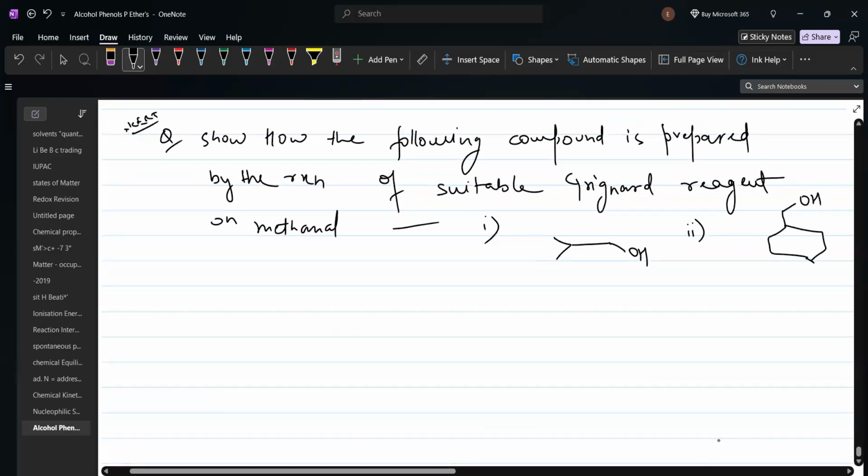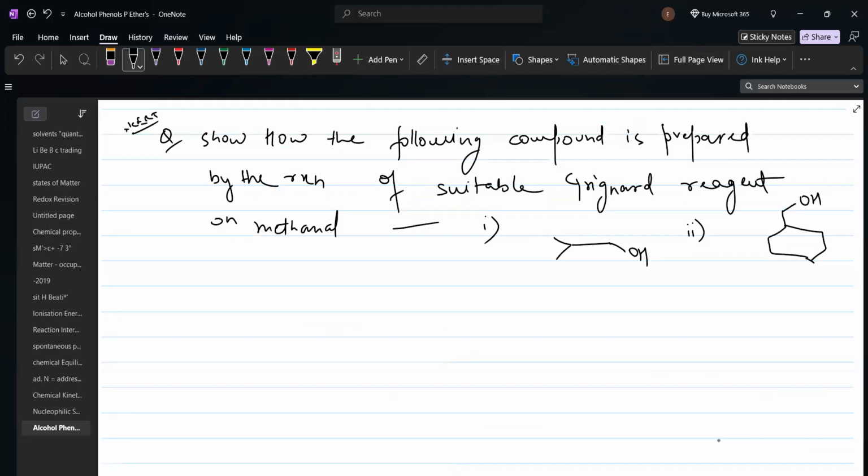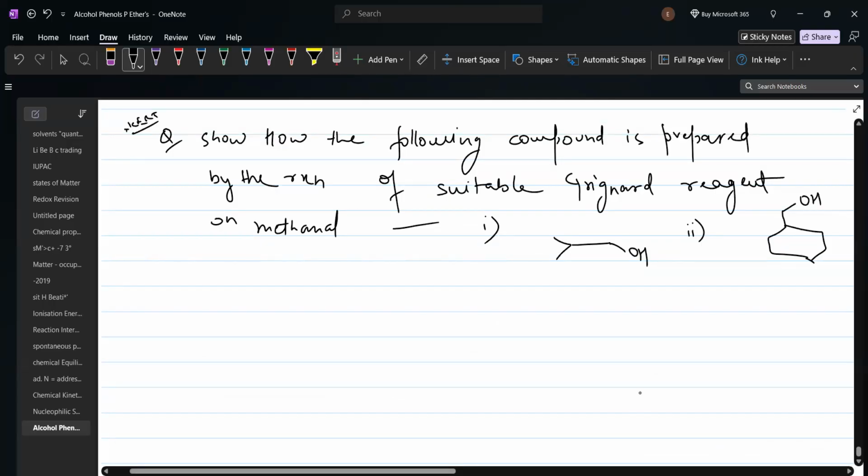So the question here is that you have to form this alcohol, and it is given in the question what alcohol you have to form. The question is what is the suitable Grignard reagent you have to take so that when you react it with methanol, this product will form.